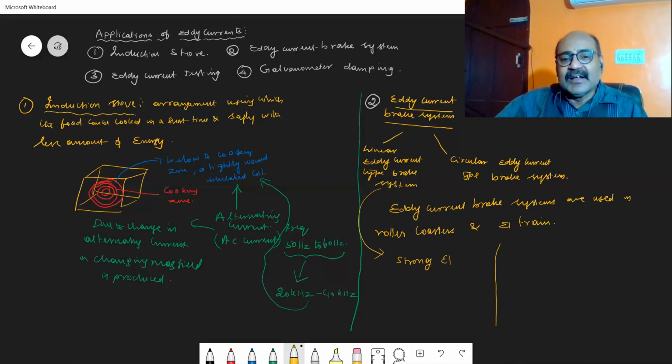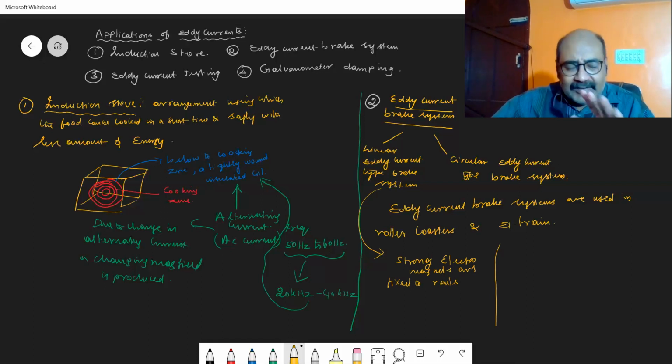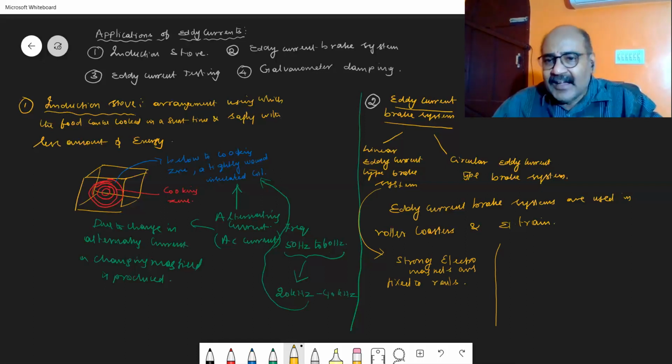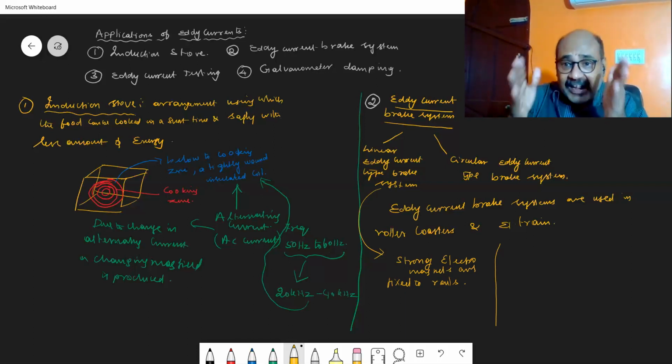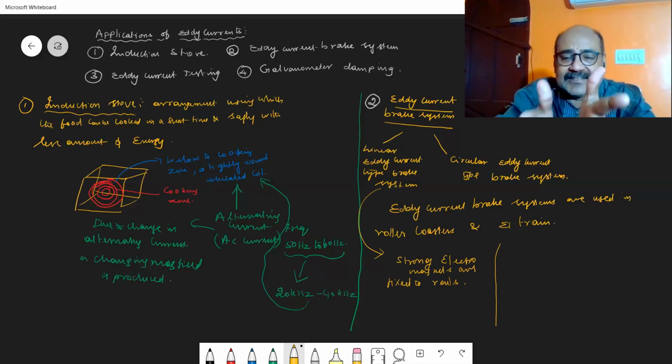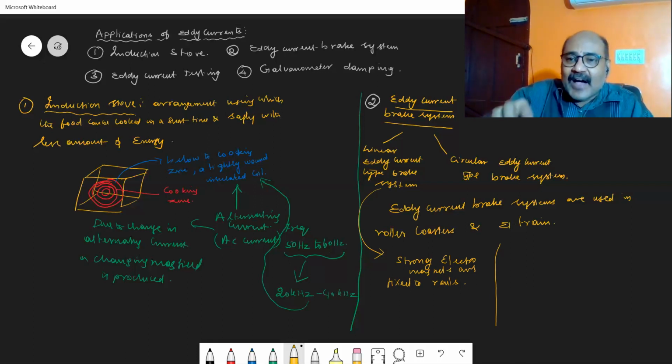These strong electromagnets are fixed to the rails. If you are considering a roller coaster, it is running over a rail. If you are considering a train, the train is running over parallel rails. So on those rails we have to fix these electromagnets.